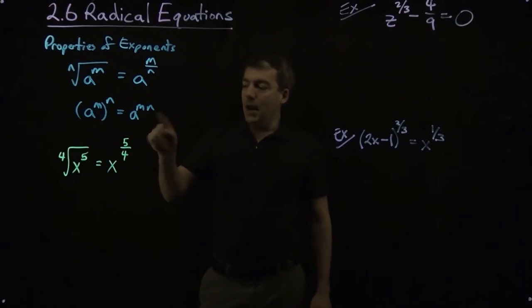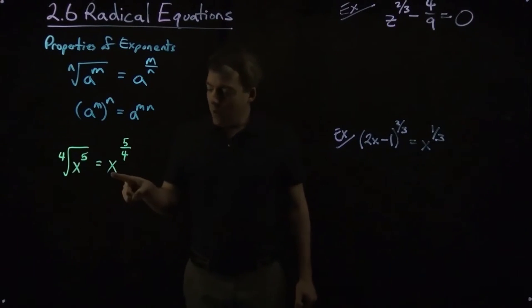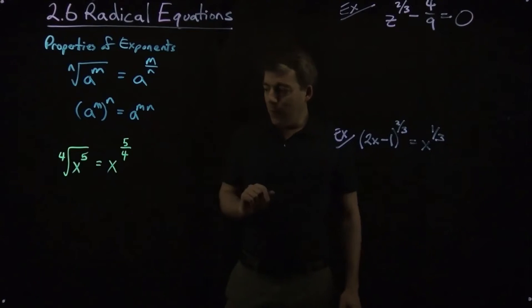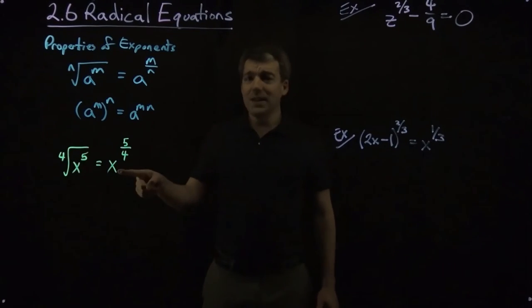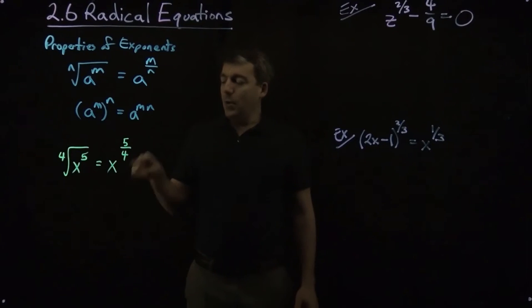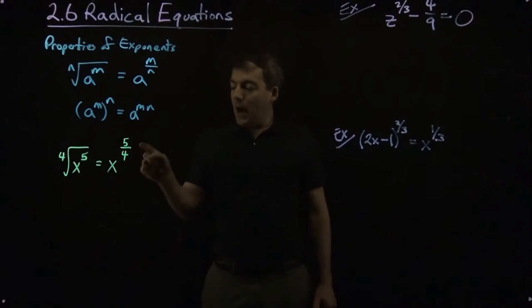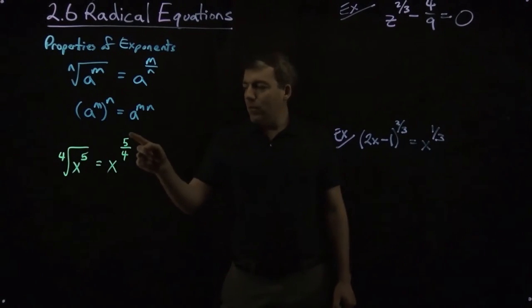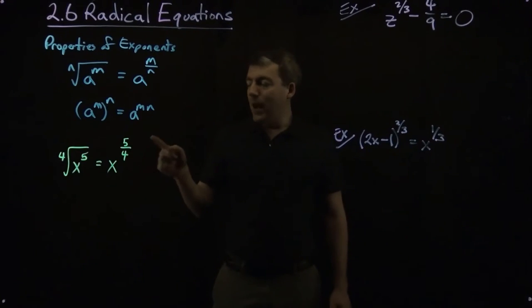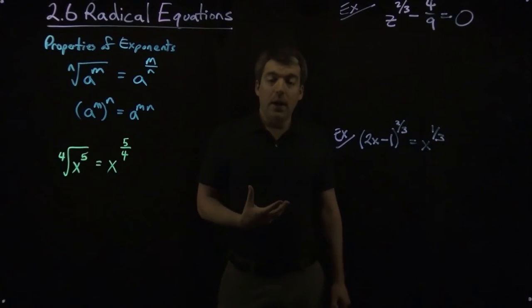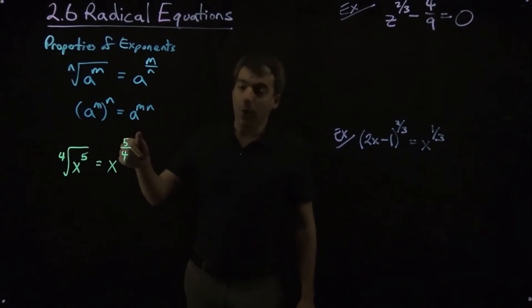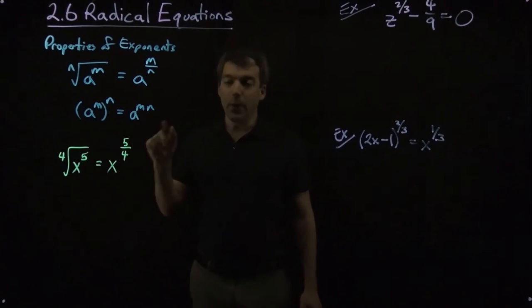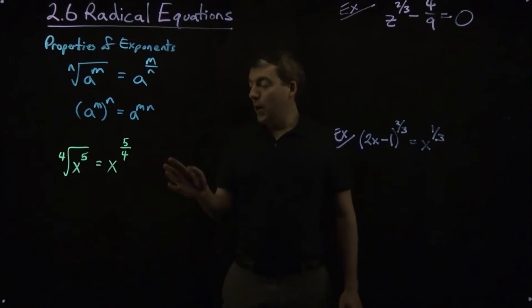So a to the m times n. So, for example, if we had this x to the 5/4 and some other expression on the other side, to isolate the x, we need to raise both sides by something that when multiplied by 5/4 would give us 1. And you might see that that's the reciprocal of 5/4, so 4/5, because 5/4 times 4/5 is 1.